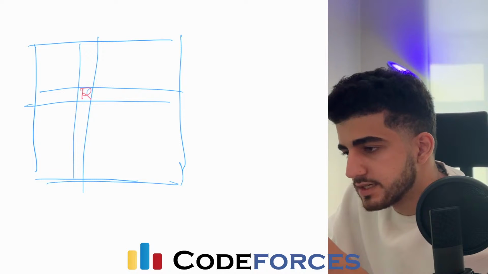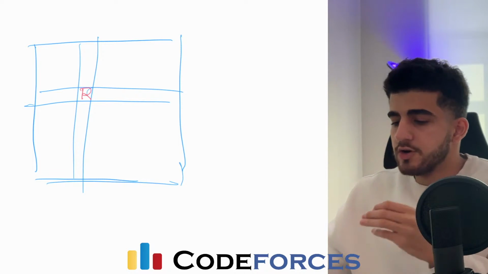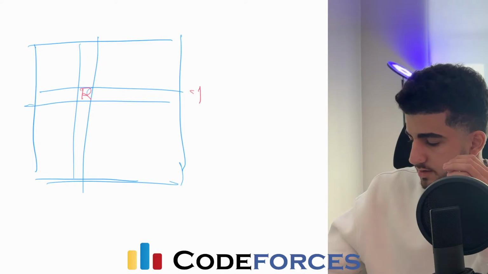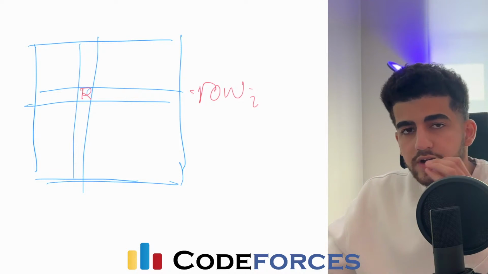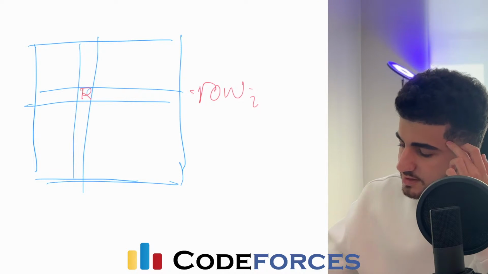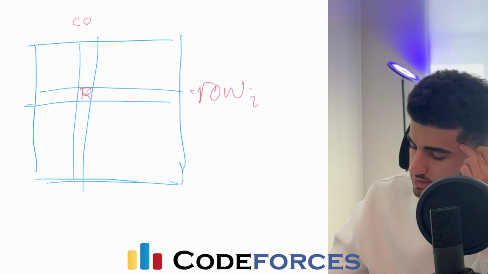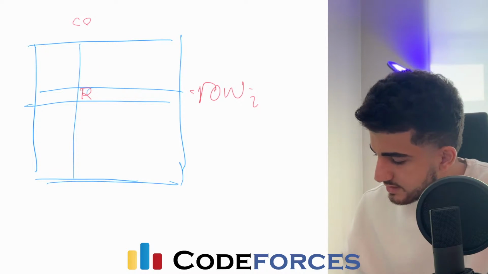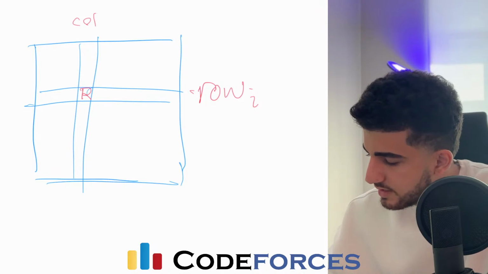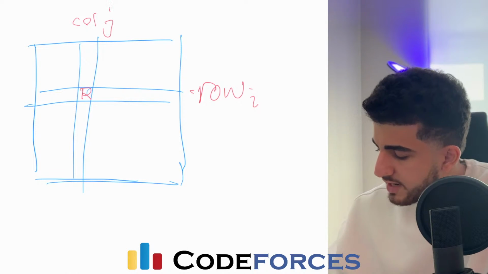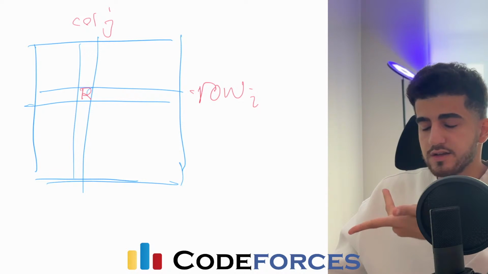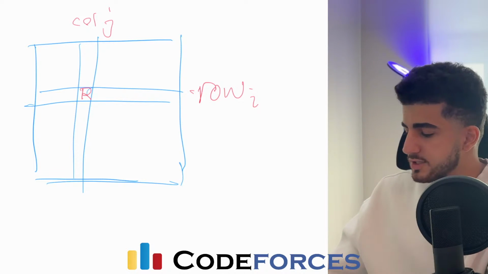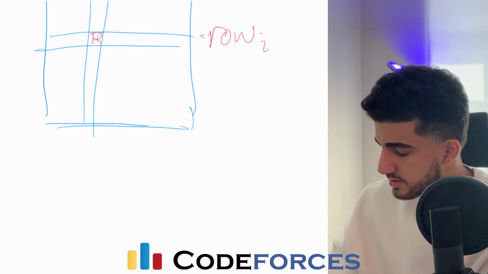It's basically saying that row number I should be chosen in an operation after column number J. So if this is cell number I and J, when this cell should be red, it means that row number I should be chosen somewhere after column number J. So we can consider we have a bipartite graph.